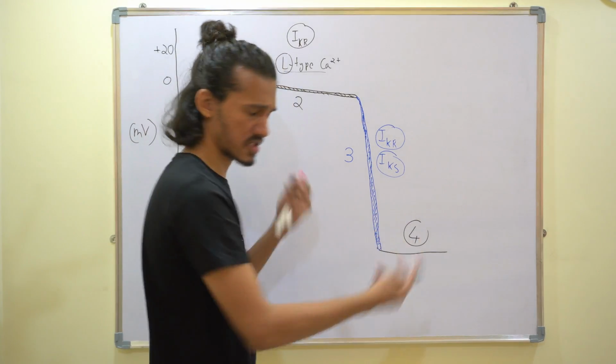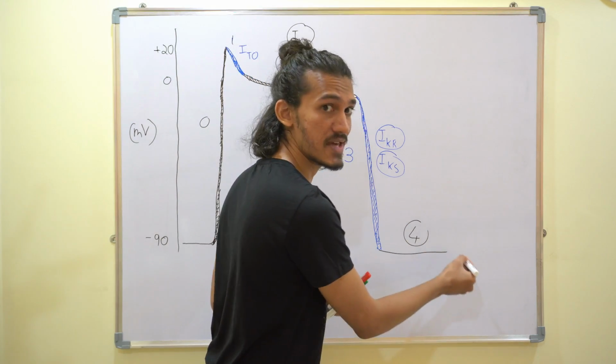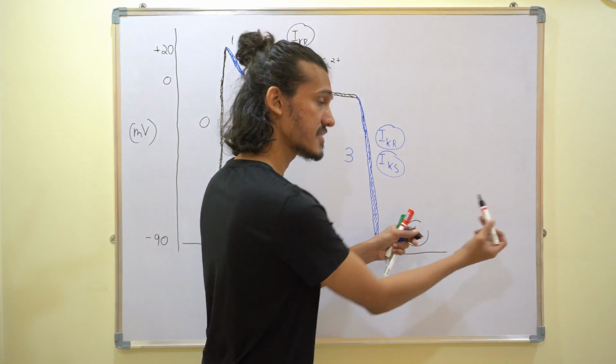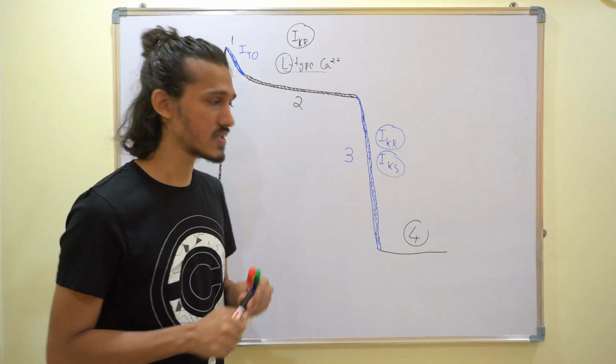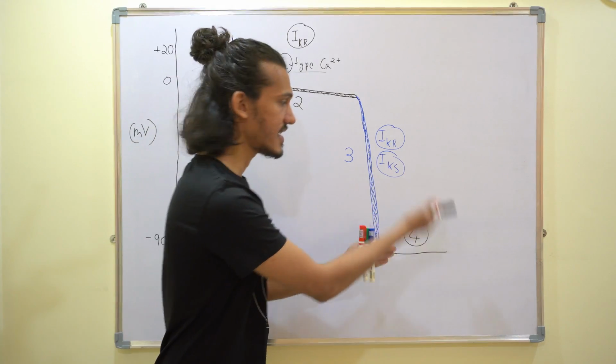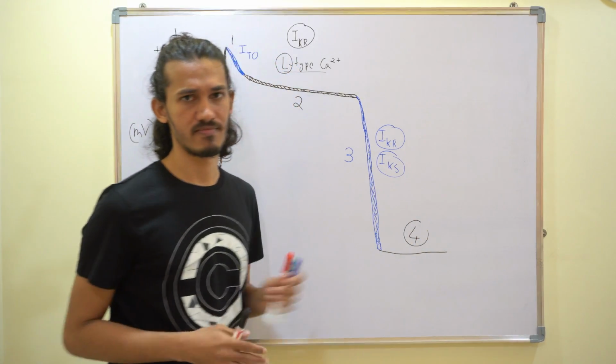And over here, just remember that there is a sodium potassium ATPase, as well as a sodium calcium exchanger, right? So these also later help in maintaining this resting membrane potential, right?